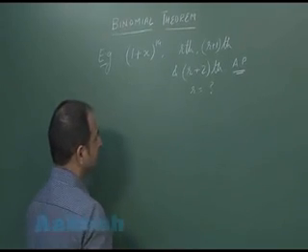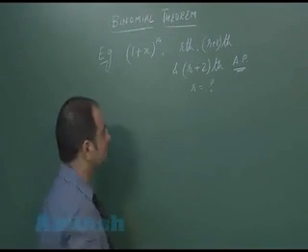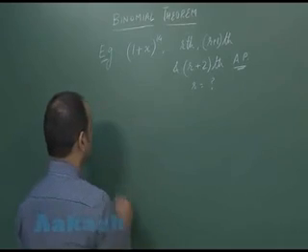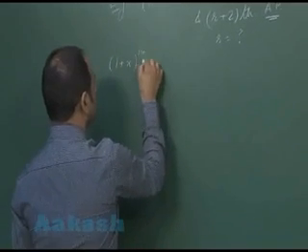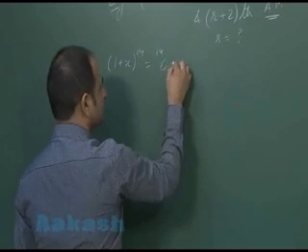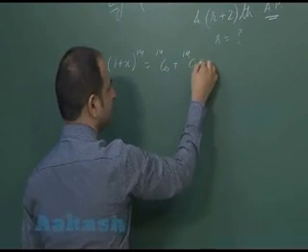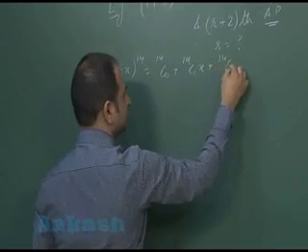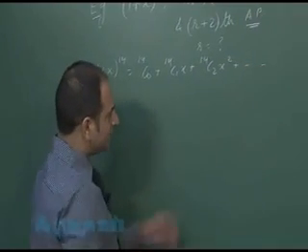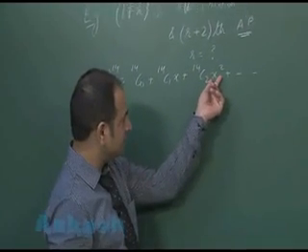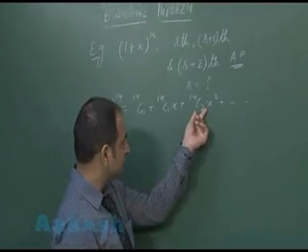So first, what should be the coefficient of rth term? You know when you write the expansion, it starts from 14C0, 14C1, 14C2 x square and so on. You can see the coefficient of x square is 14C2.